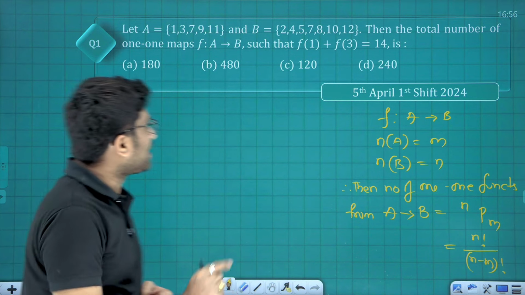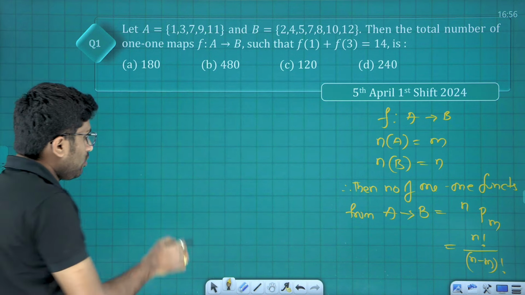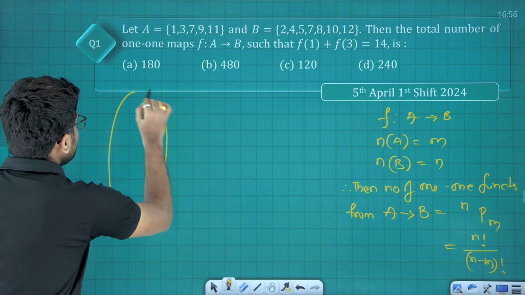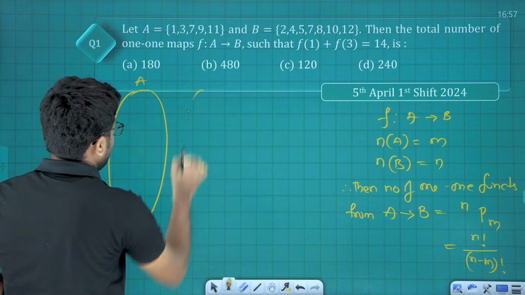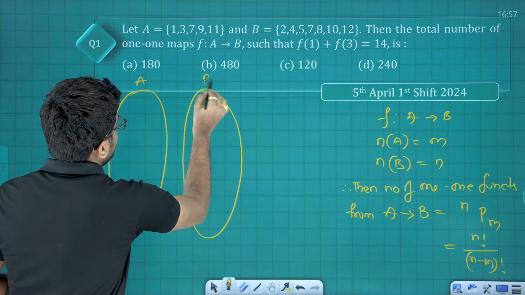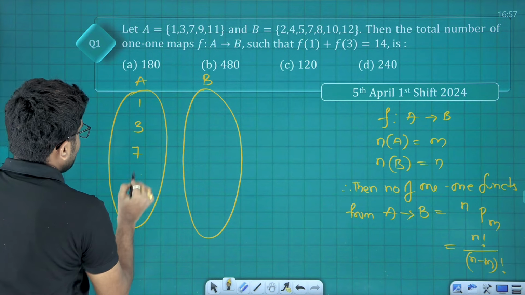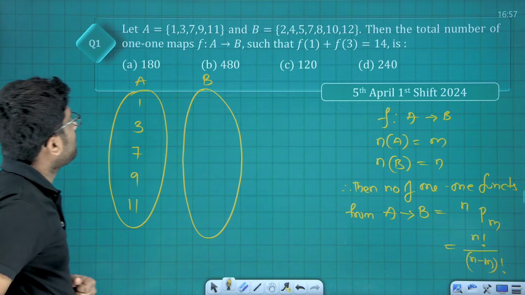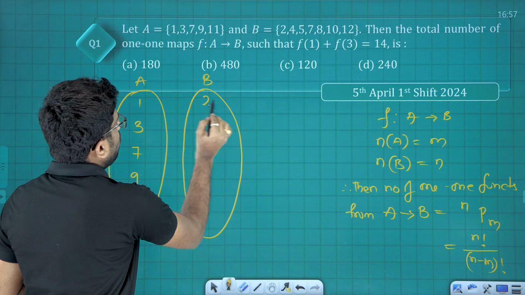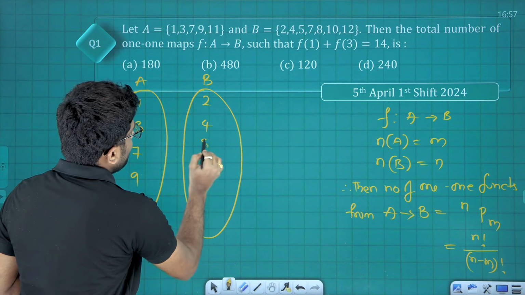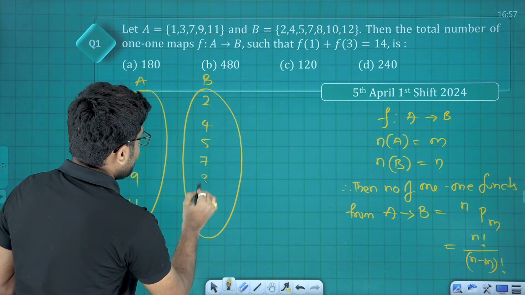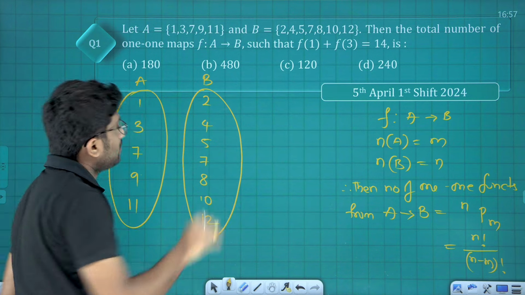Okay, now let's come back to the question, friends. They have given two sets, set A and set B. Set A consists of 1, 3, 7, 9, 11. Set B consists of 2, 4, 5, 7, 8, 10, 12.